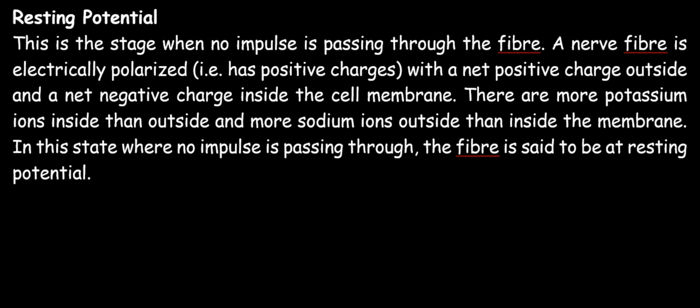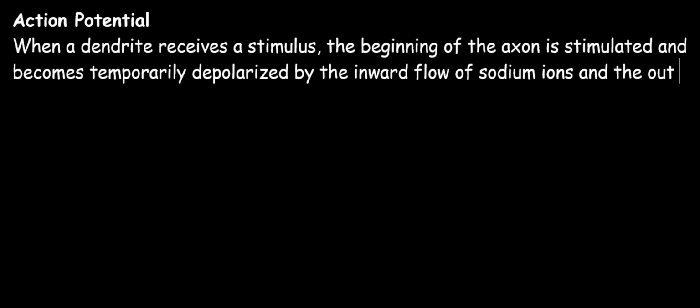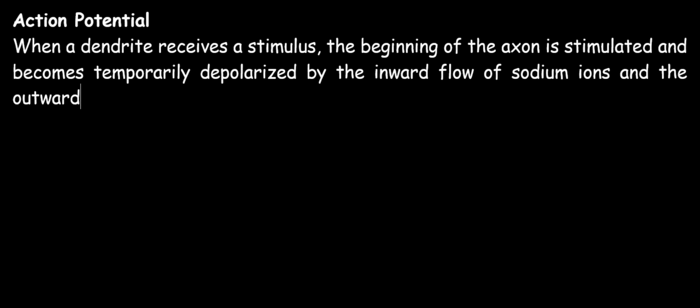The next stage we'll look at is the stage of the action potential. Now, when a dendrite receives a stimulus, the beginning of the axon is stimulated and becomes temporarily depolarized. This depolarization is by the inward flow of sodium ions and the outward flow of potassium ions.